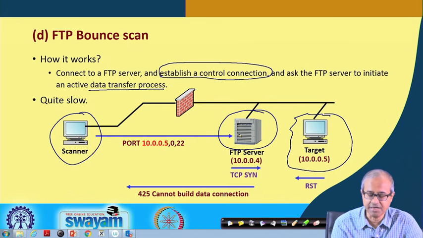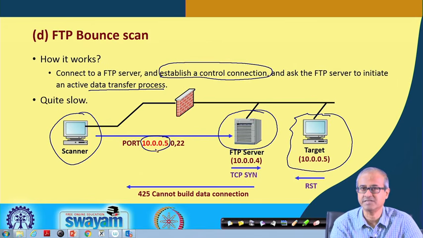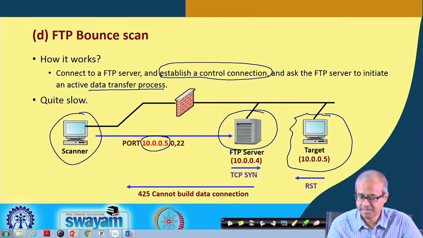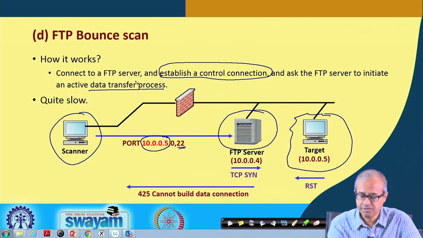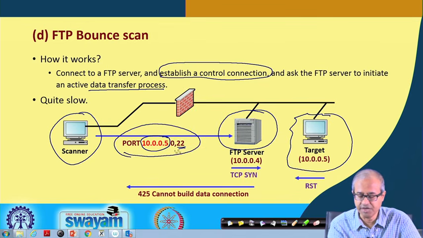So, when the request comes, it spoofs the IP address, it changes the IP address to 10.0.0.5, which is the target's IP address. The FTP server is receiving this kind of a packet. 22 means the connection for the data, 21 is the control connection, 22 is the data connection. So, when the FTP server receives such a spoofed packet, it will try to establish a data connection with 10.0.0.5.